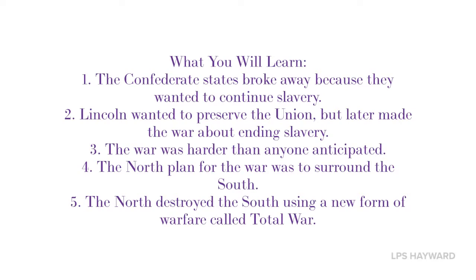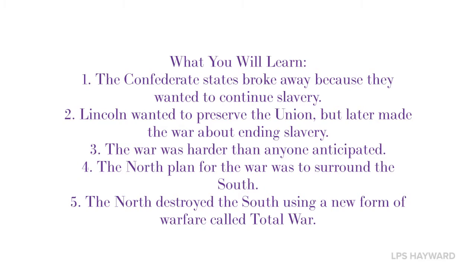1. The Confederate States broke away because they wanted to continue the practice of slavery. 2. Abraham Lincoln wanted to preserve the Union, but later made the Civil War about ending slavery. 3.